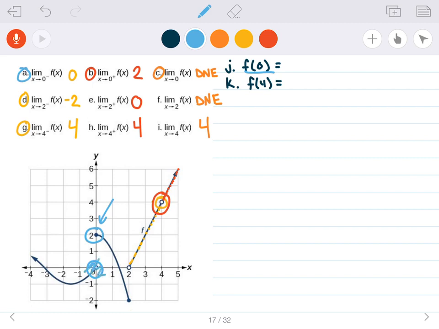Okay, so f of 0 is going to be 2. Now f of 4, so here's x equals 4, which happens on this open dot, which is undefined, and so f of 4 is also undefined. There's no closed dot to cancel it out.